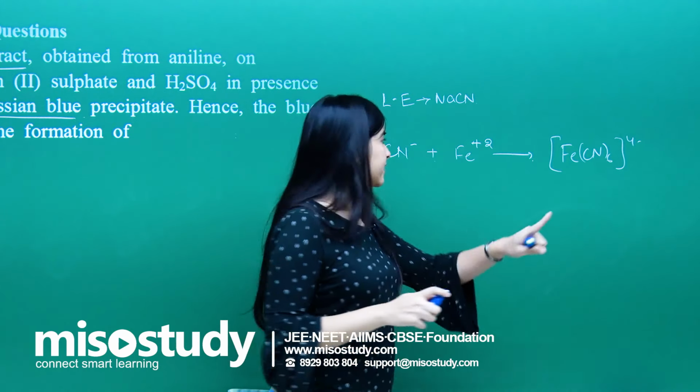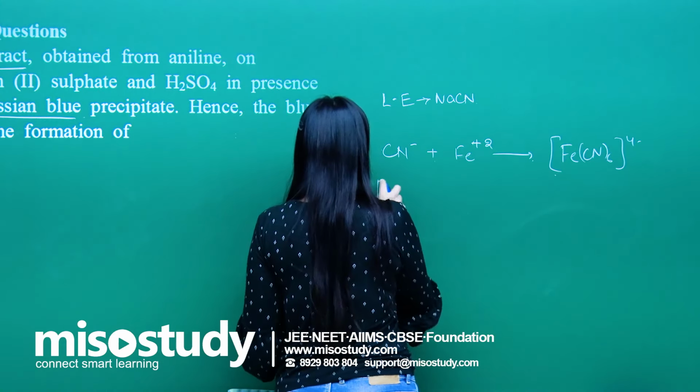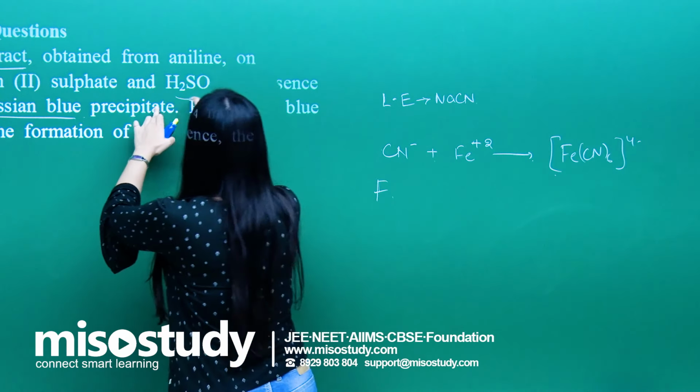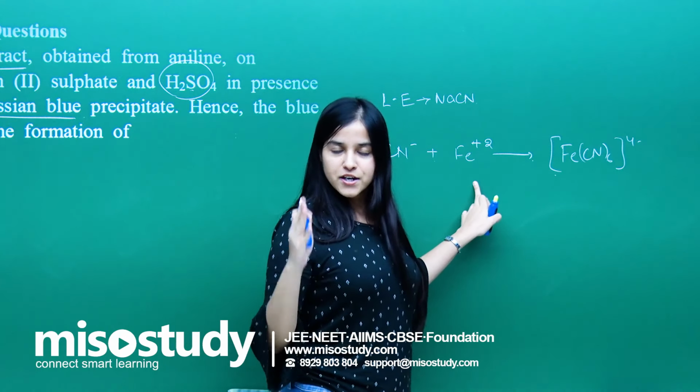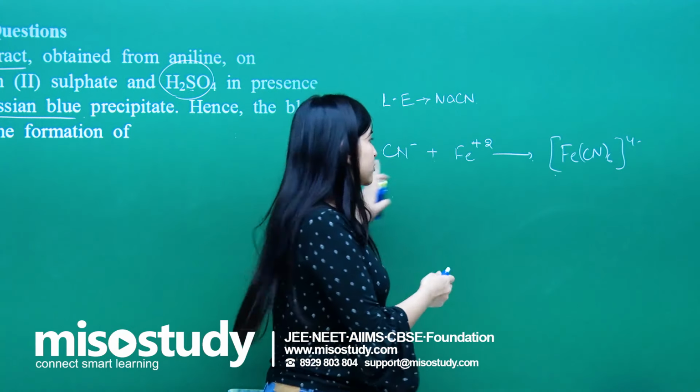We are not complete yet. Next is, due to the presence of sulfuric acid, it converts most of the Fe2+ ions into Fe3+. So, those also react with the compound which is formed.